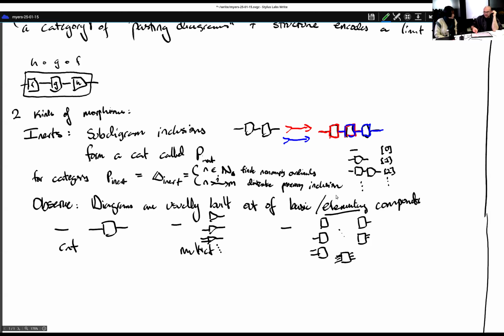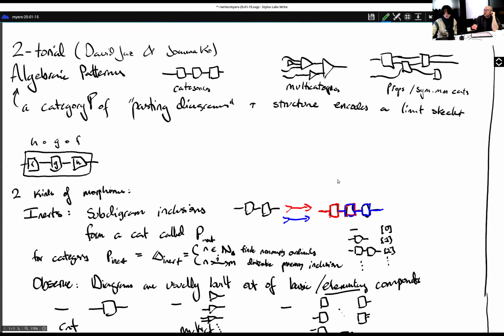And all of these diagrams up there are built out of these pieces.